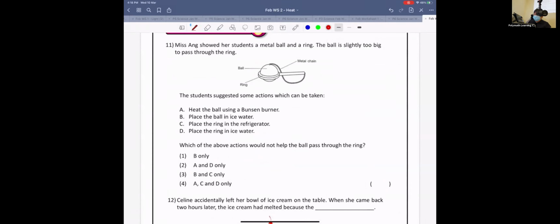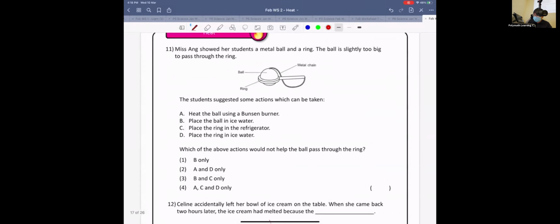Heat the ball using a Bunsen burner. You see, the ball is currently slightly too big, so you want it to pass through the ring. You want the ball to contract. Is it a normal metal ball? No. The normal metal ball, in the experiment I showed you just now, should be smaller than the ring.